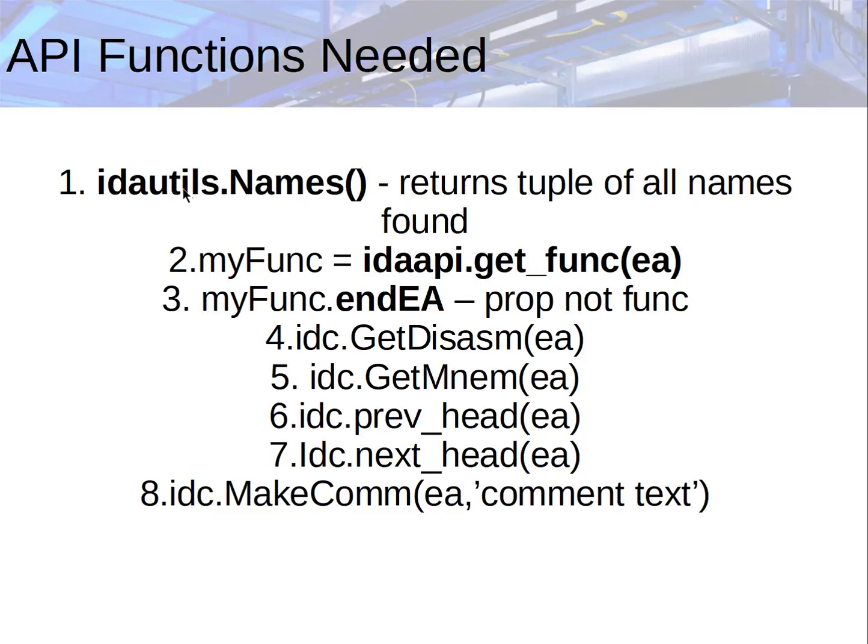Again, most of these are going to be in IDAC, IDAutils, or IDAPI, and you can feel free to import those at the top of your scripts. I just put the names here to make things really clear as to which library each of these functions is coming from. We're going to use IDAutils.Names, just like that, with a capital N. It's going to return to us a tuple of all the names from the names window.